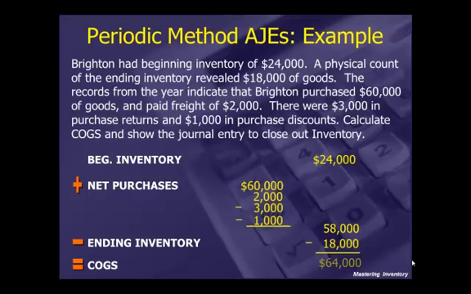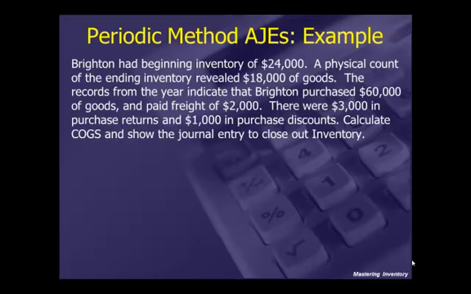So the net purchase amount is 58,000. When you take the 24,000 plus the 58,000 for net purchases, subtract 18,000 in ending inventory, the cost of goods sold is 64,000. We now have all the numbers we need to prepare that journal entry.